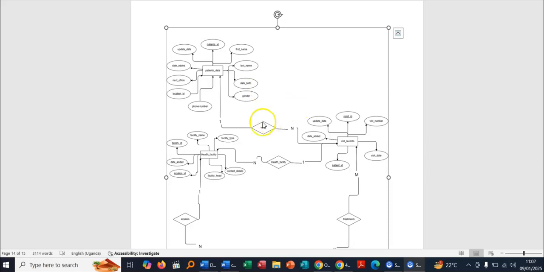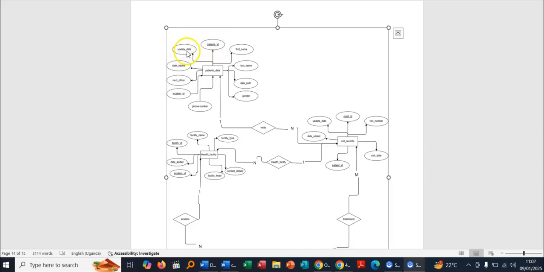After identifying the relationships between each entity, I went on and also identified the previous attributes of each entity. Here, the patient's data had the patient's ID as the primary key, identified with an underline.